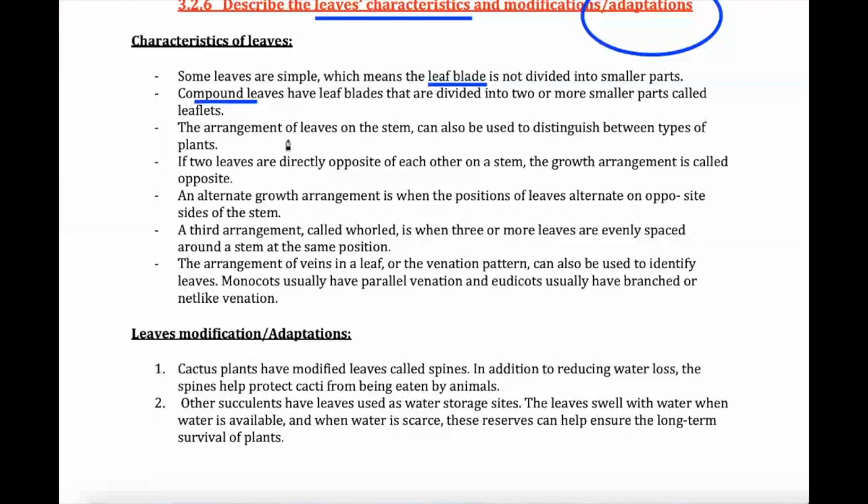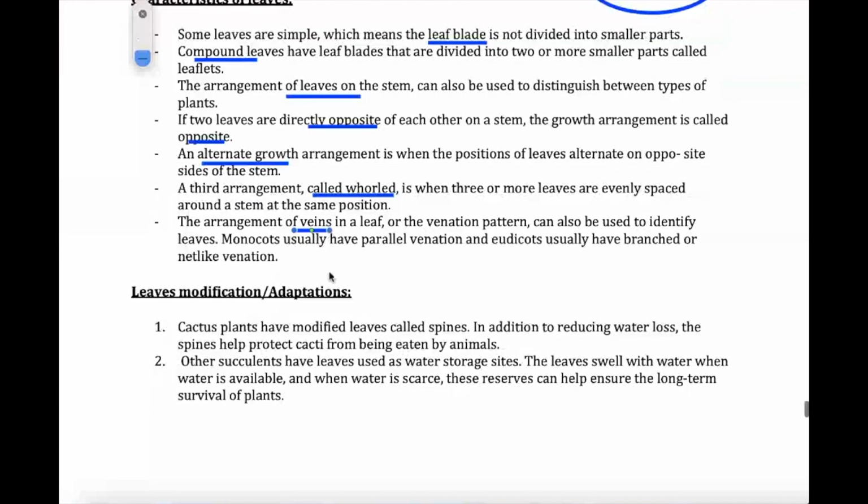It can be organized in different ways in the plants. If they are simply opposite to each other, they are called opposite. Sometimes they are alternate. Sometimes they are whorled, and the arrangement of the veins in the leaves is different.